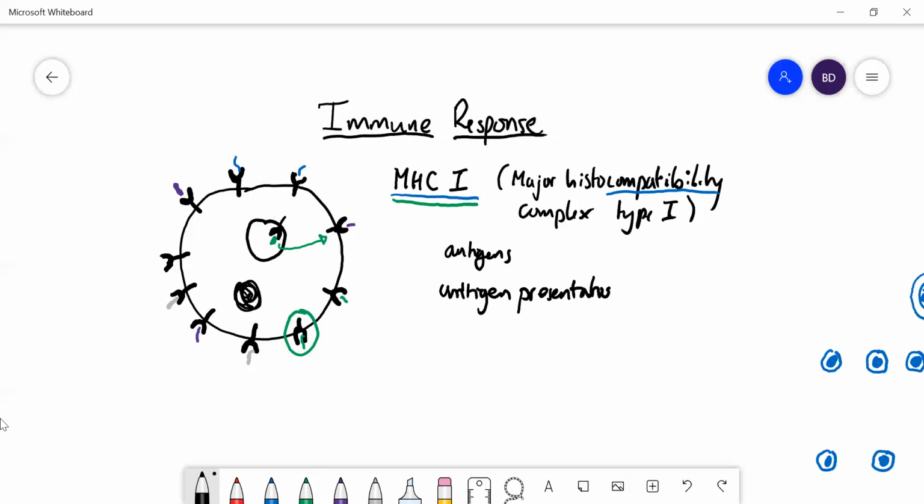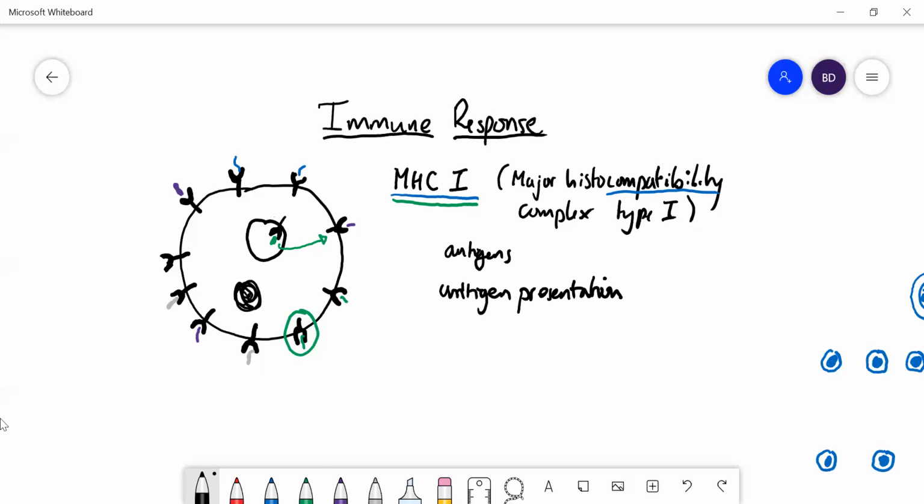So in a normal cell, you will have lots of these MHC type 1 molecules on the surface, each one with a little peptide in there, and nothing will happen to that cell because that's bits of you, bits of self, and so it will be recognized as being okay.